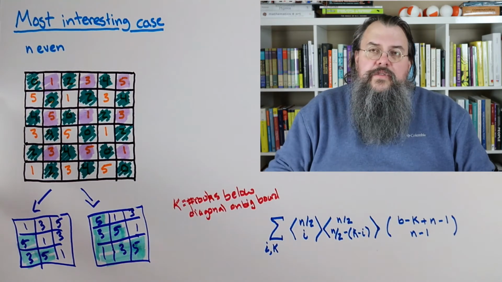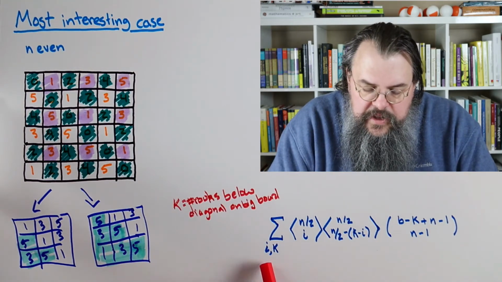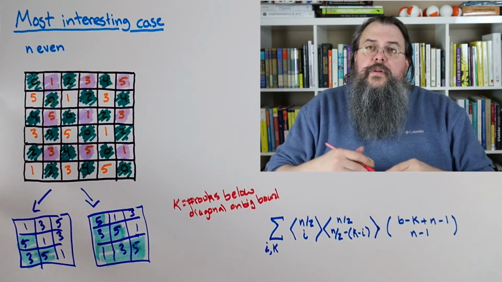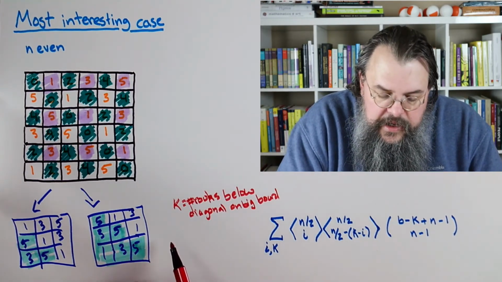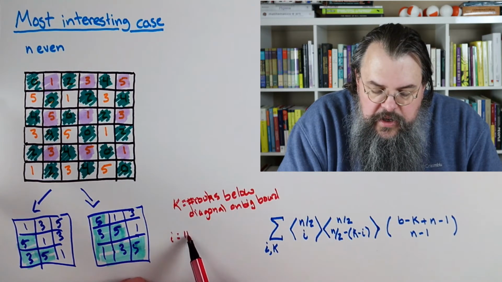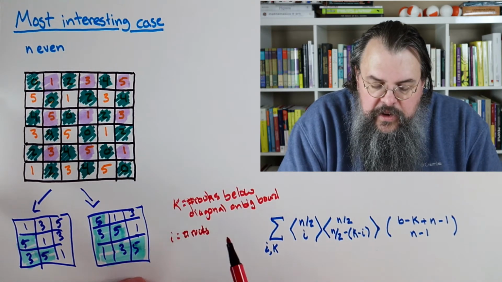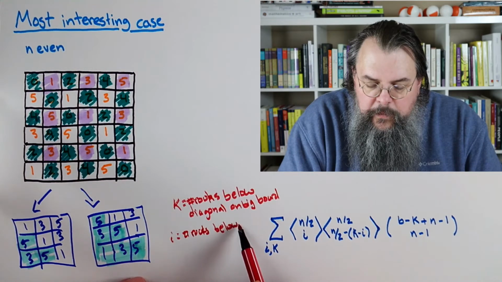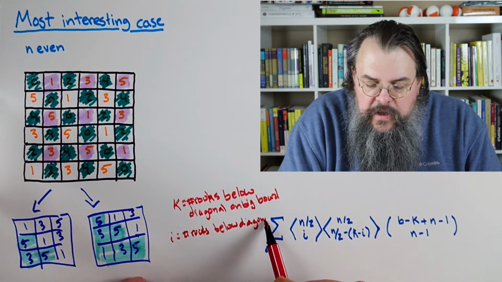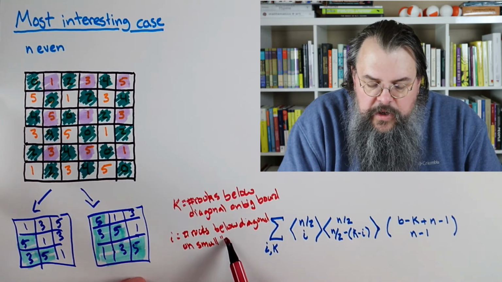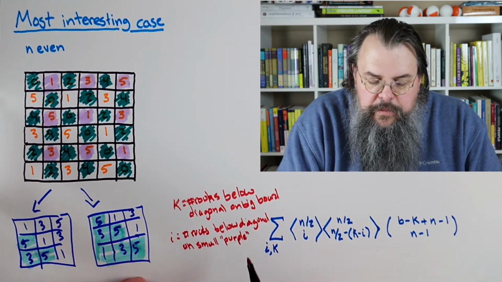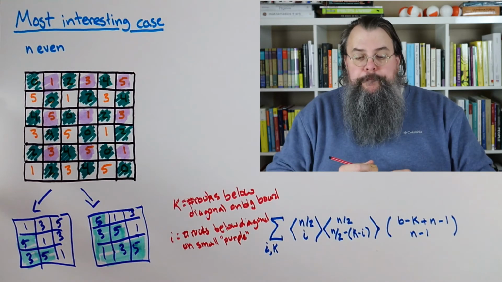And so that's where the i comes in. And what would the i represent? Well, i is going to be the number of rooks below the diagonal on the small, and for lack of a better word, what's currently colored purple board.